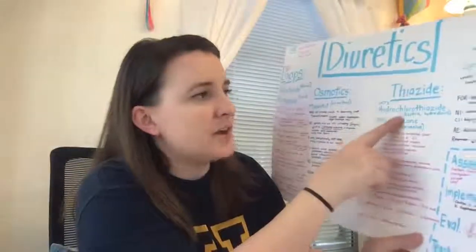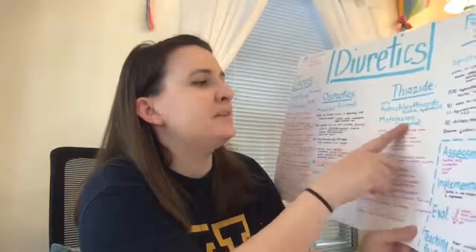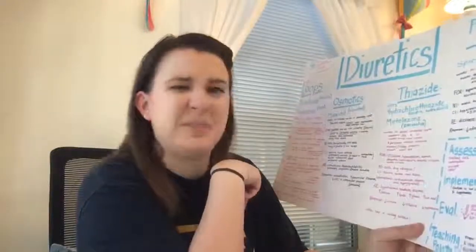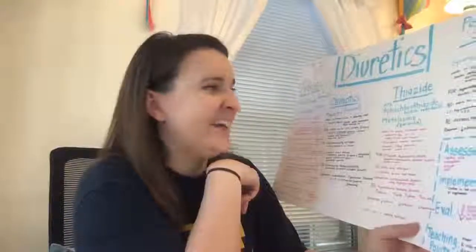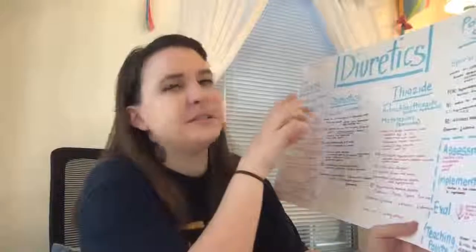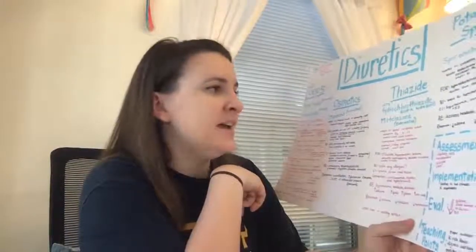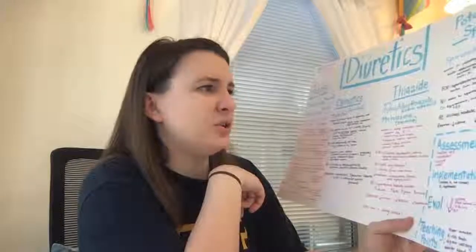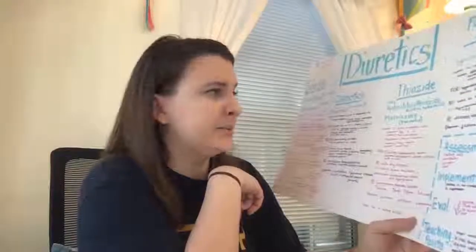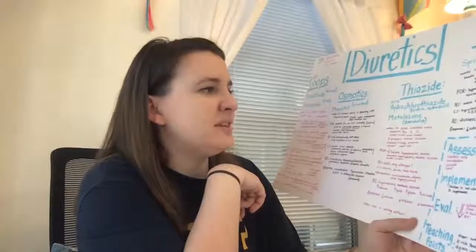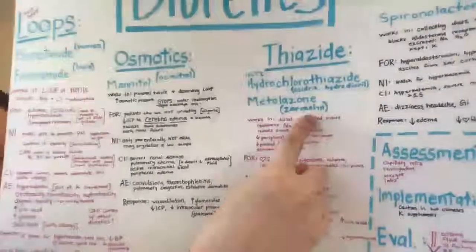The two drugs are hydrochlorothiazide and metolazone. Hydrochlorothiazide is often abbreviated HCTZ. The brand names are Esidrix or HydroDiuril, and metolazone is Zaroxolyn. I'm not saying them right, but that's how you spell those words.